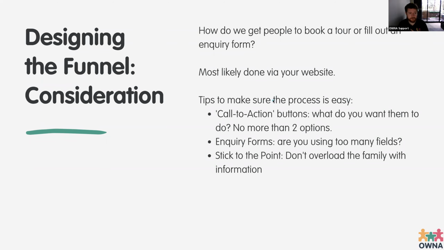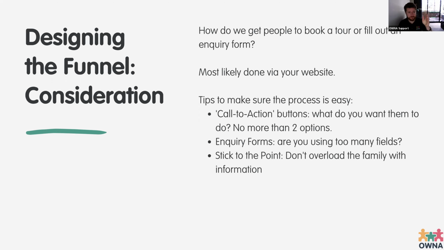So my tips, obviously these differ from person to person, but what I've found works is on your website, you should identify at least the main priority, what you want a family to do. And this goes back to your ideal family again. If most of your families book tours, you should want the person on your website to book a tour.